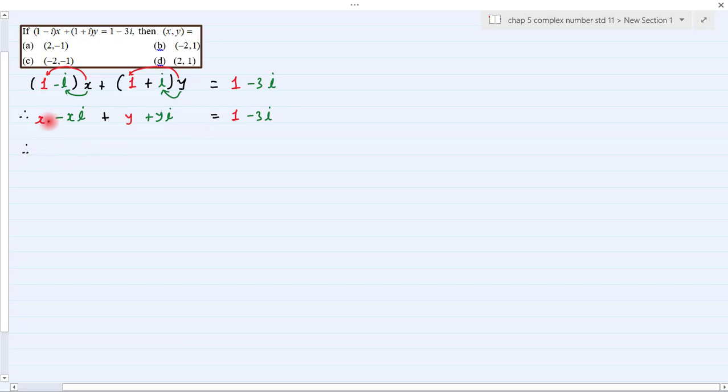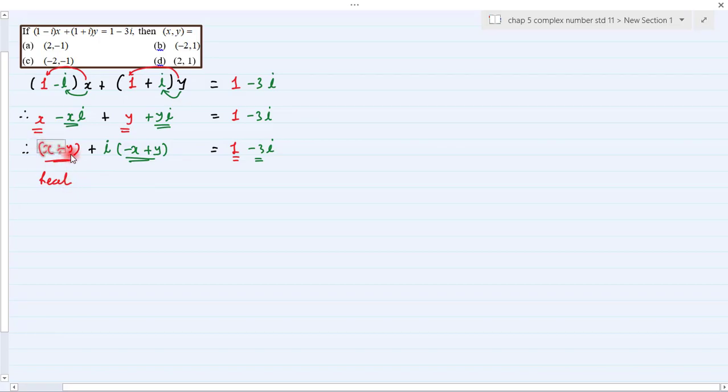On the left hand side, let's collect the real parts, which is x and y. So let's write down x plus y, and your imaginary part will be minus x plus y. So if we take i common, we will get (x plus y) plus (minus x plus y)i is equal to 1 minus 3i. So let's compare the real part.